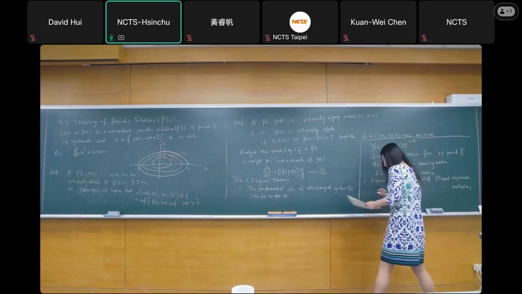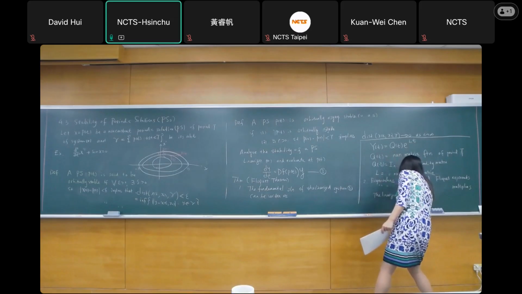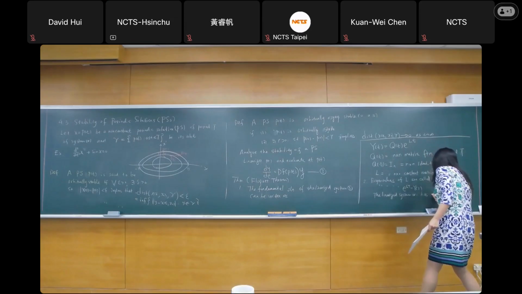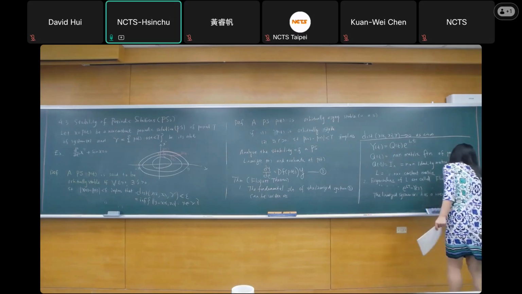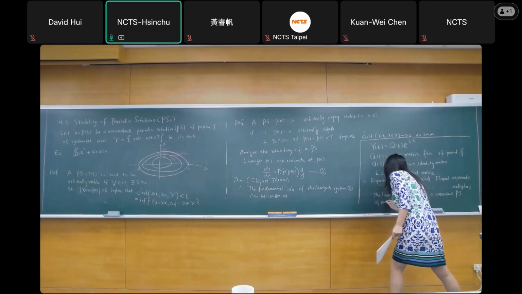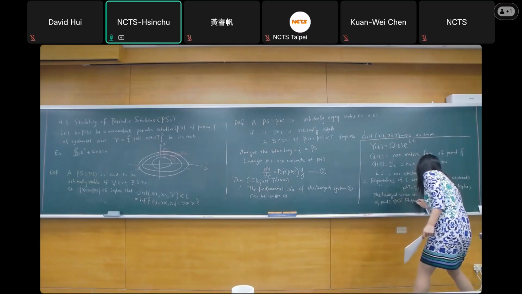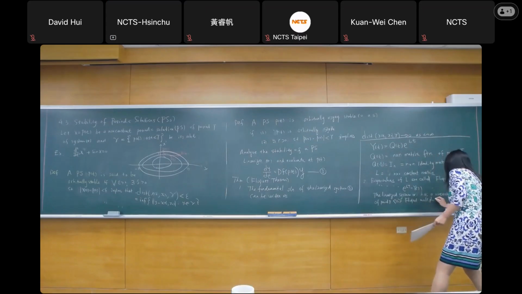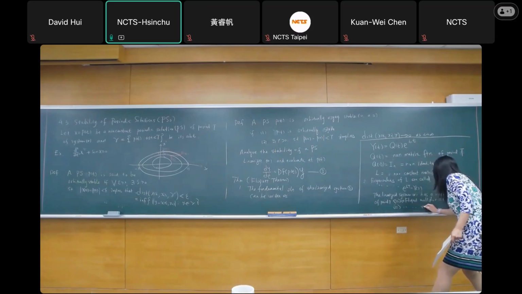And then here's the result. The linearized system we call 3 has a non-constant periodic solution with period T if and only if one of the Floquet multipliers is 1, or one of the Floquet exponents is 0.